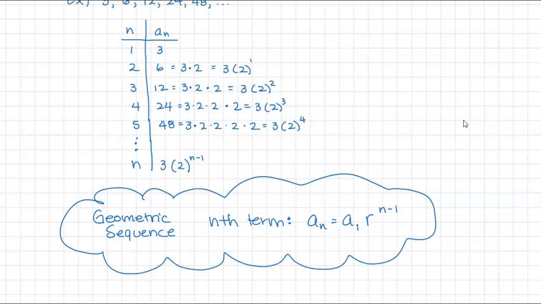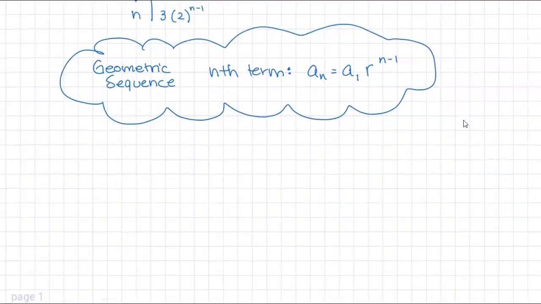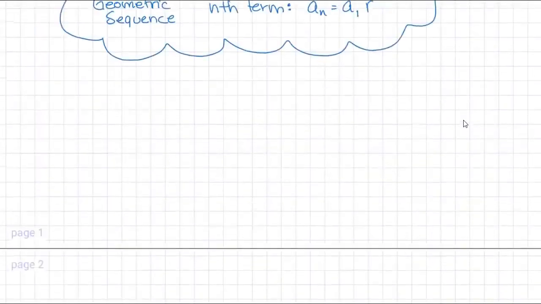So now let's look at partial sums. Actually, I'm going to go to a new page for this. To derive the formula for partial sums, it gets a little more complicated than what we did for arithmetic, but it's very similar.